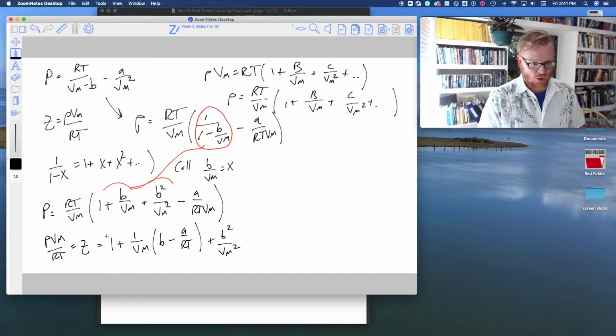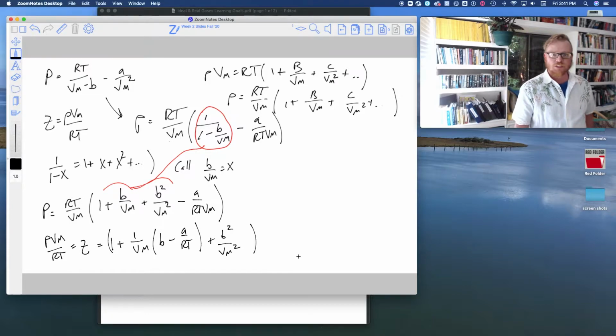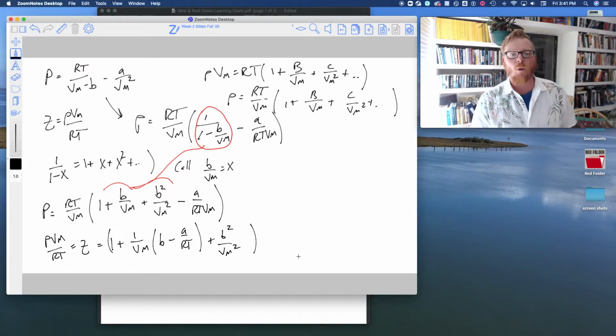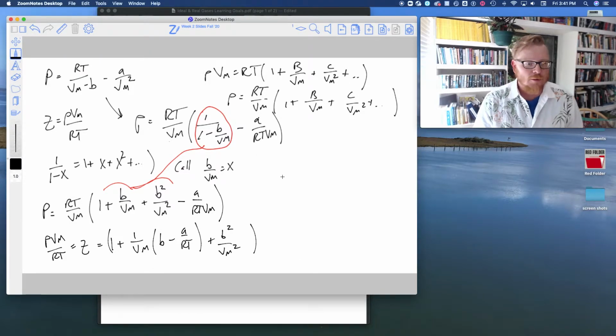And that's my entire situation. Look, Z equals 1 plus 1 over VM times the quantity b minus A over RT, plus b squared over VM squared. Check this magic out, you guys.